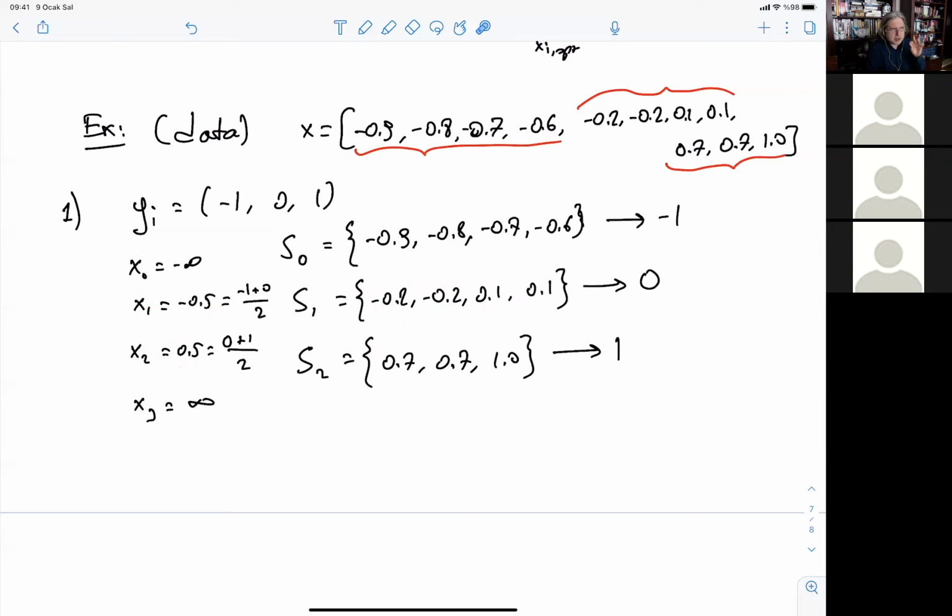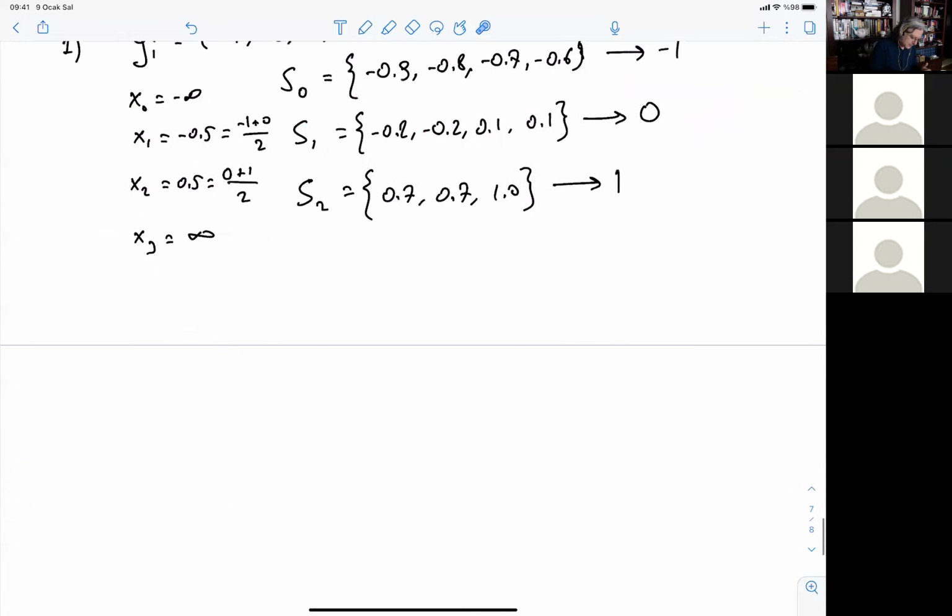We just measure according to the nearest neighbor. So making these class assignments does not really need the knowledge of the boundaries as minus 0.5 or 0.5. They are obvious. You just do nearest neighbor assignments.